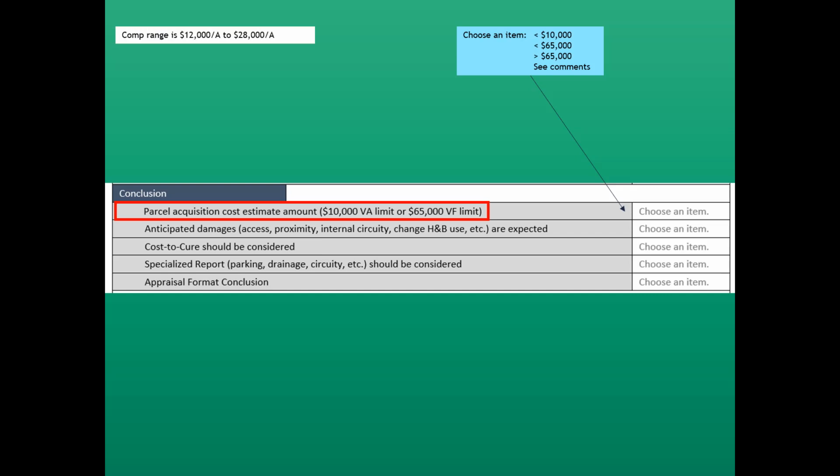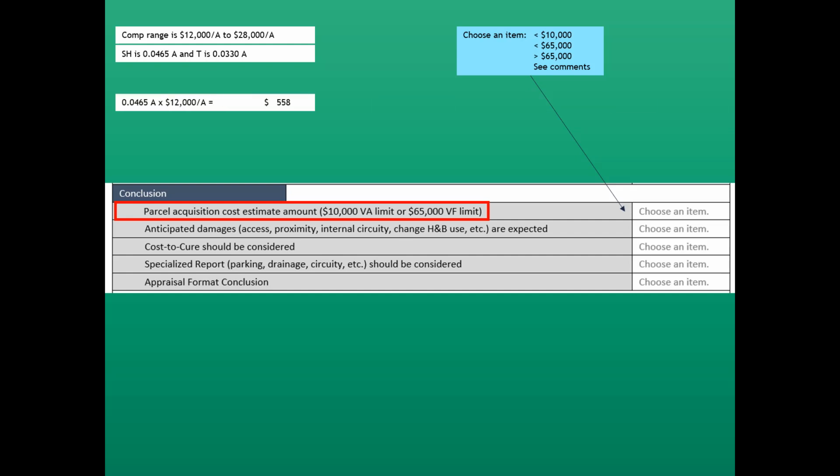Well, here's one way to do it. For this project, we looked at some comp ranges, and the comps in this area do range from $12,000 an acre to $28,000 an acre. So we've got a rough range in the area of where parcel 10 is at. And we know that the SH is 0.0465 acres, and we know the T is 0.0330 acres. So with this, we can actually do some estimating.